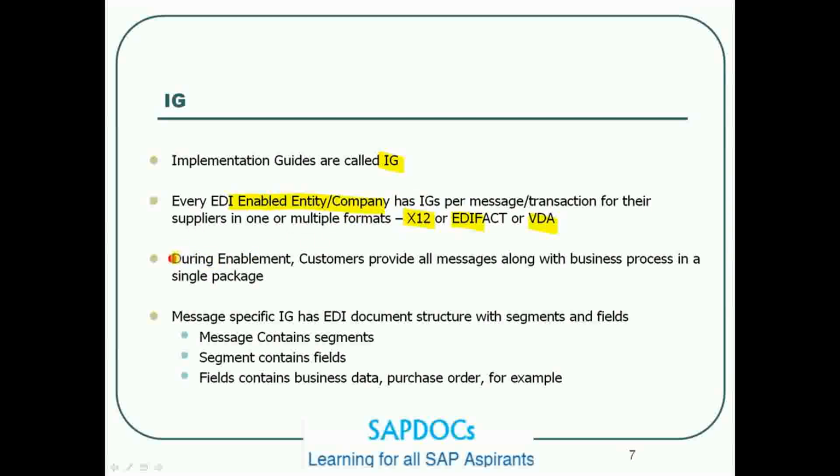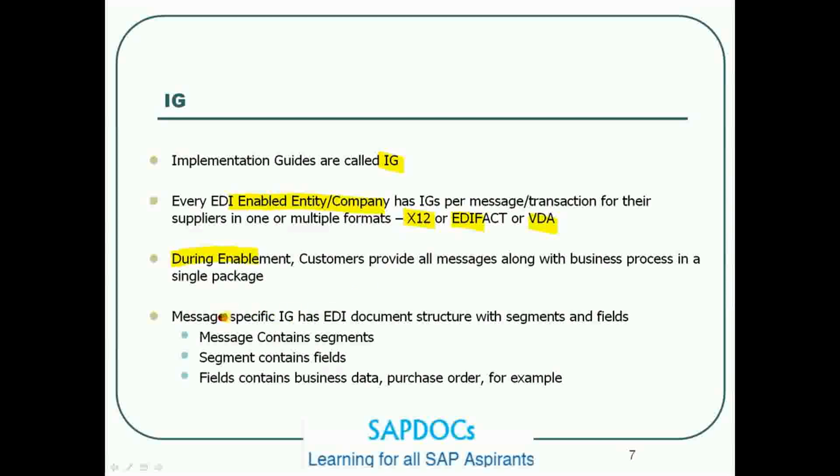During the enablement process, when you are a customer and want your supplier to do message exchange with you, you provide all the messages that you have in the business process in a single package.